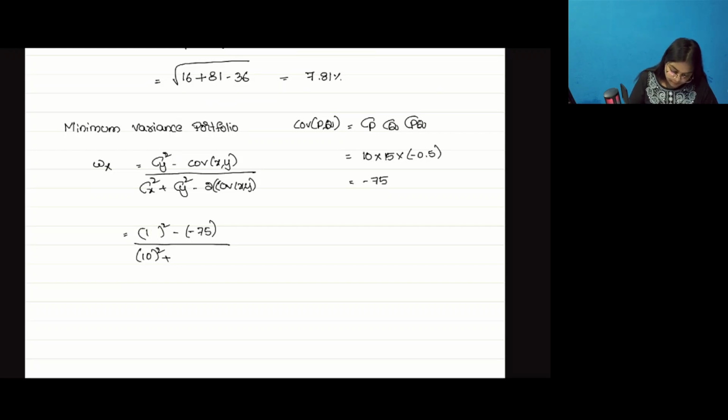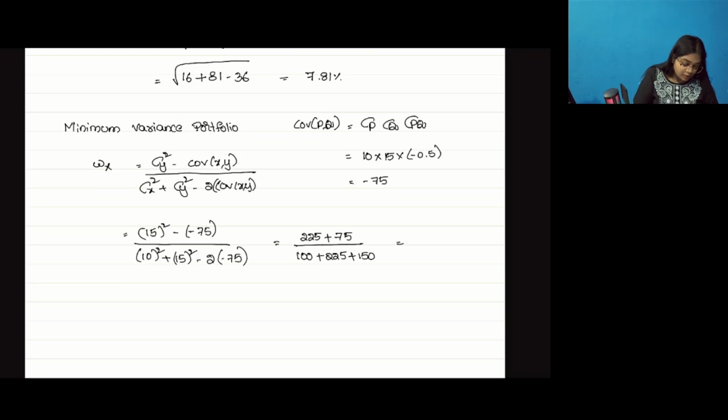They've asked for q, so 15 whole square minus 2 of covariance of x comma y, that is minus 2 into minus 75. Now 225 plus 75 minus of minus becomes plus, 100 plus 225, and minus and minus is plus, that is 2 into 75, 150.